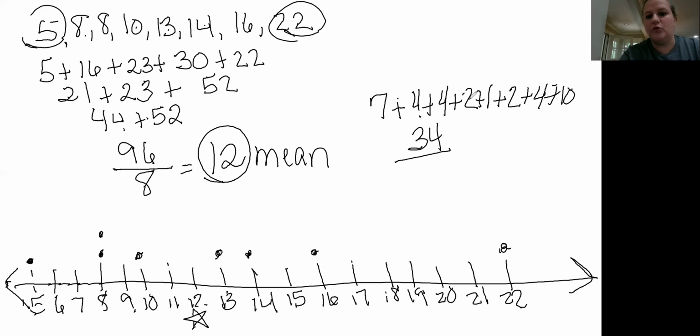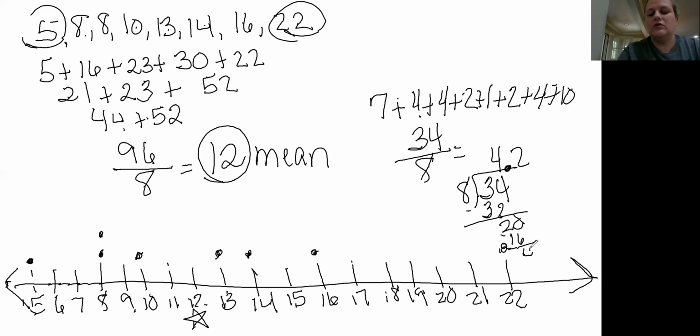Now remember, even if I start combining these down here, I still have to divide by my original amount of numbers. And 34 divided by 8, 4 times 8 is 32. 4.25.